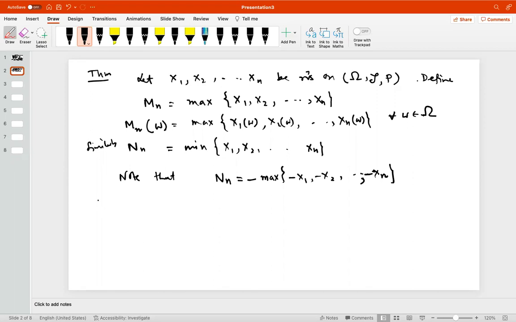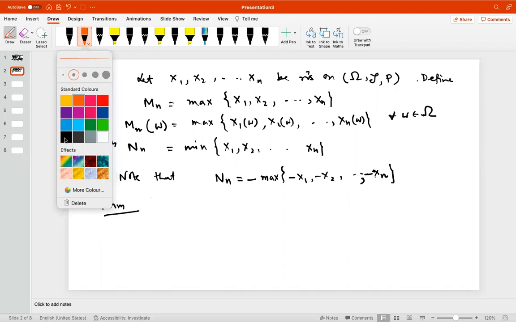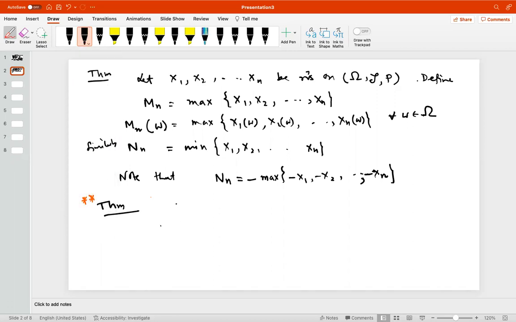Now this is very important. This theorem is mostly very important for joint density, or to find some other higher dimensional densities or distributions.